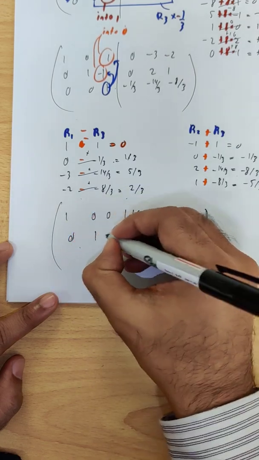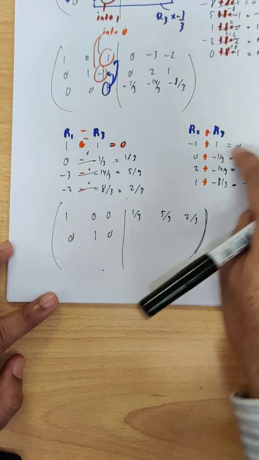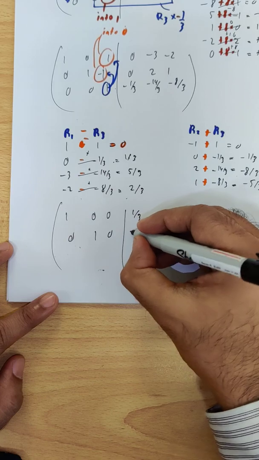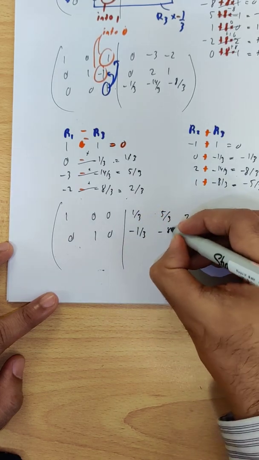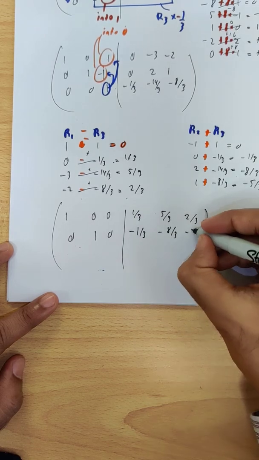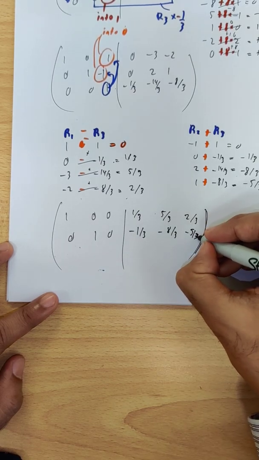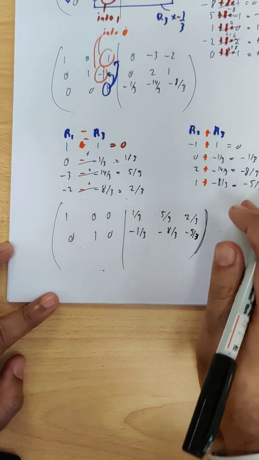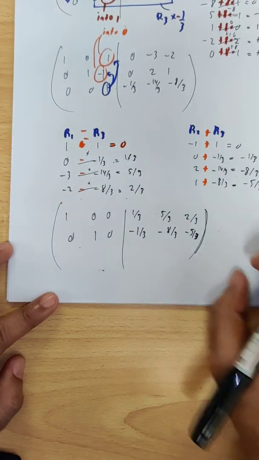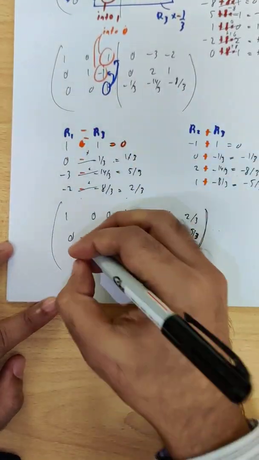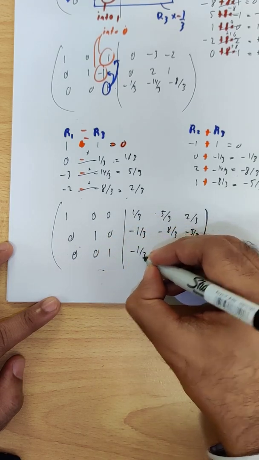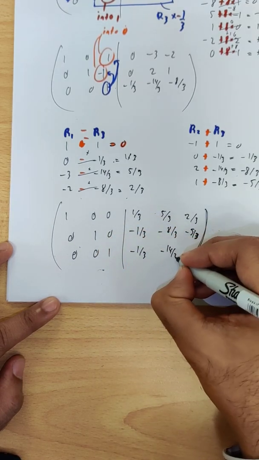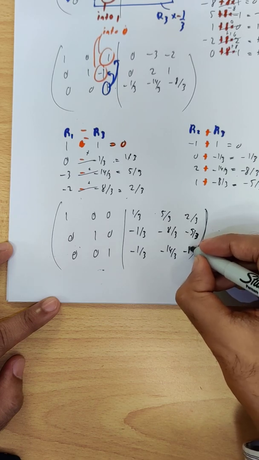So 0, 1, 0, and the new number here 0, and this one -1/3, -8/3. Wow, -5/3. You might be second guessing whether you got it right in exams. Okay, row 3 remains as it is: 0, 0, 1, -1/3, -14/3, -8/3.